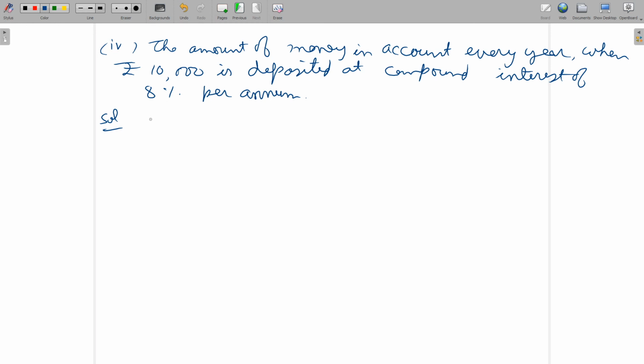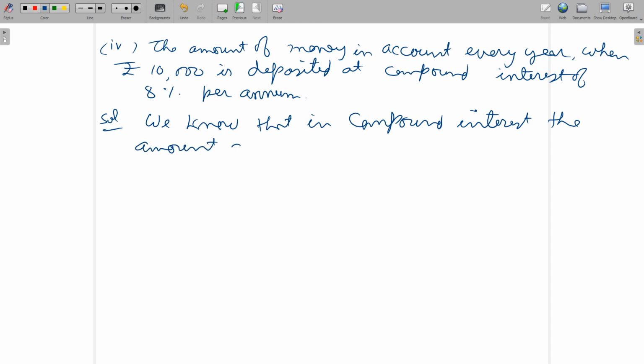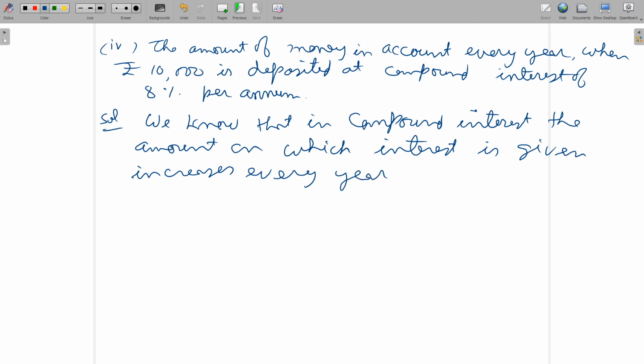We know that in compound interest, the amount on which interest is given increases every year, and since the rate of interest is the same, therefore the interest will also increase every year.